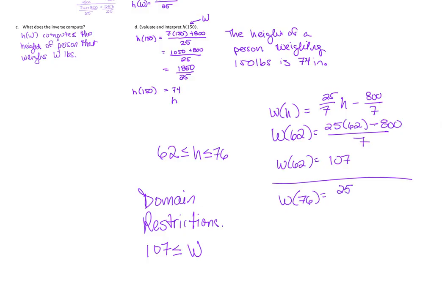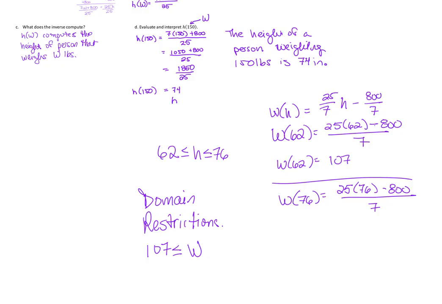We're going to multiply 25 times 76, subtract 800, and divide by 7. 25 times 76 is 1900.